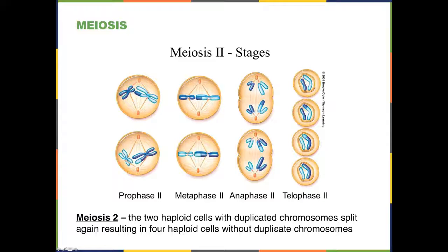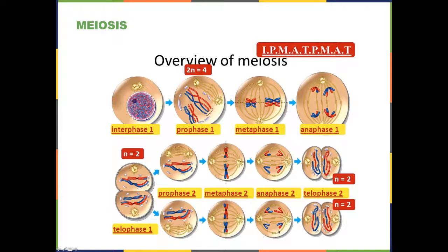Now, sometimes people find this a little bit confusing, so I have another diagram that puts all this in the same picture, and hopefully this will help. Remember, you start with interphase, that period of time where nothing seems to be happening. But what is really happening is you're duplicating, or replicating, your DNA. You start out with 2 pairs of chromosomes that are duplicated.